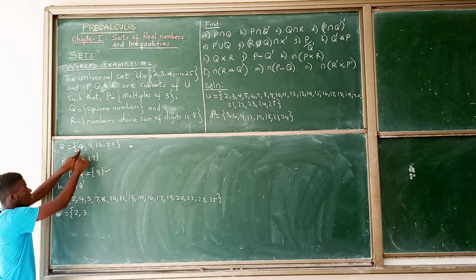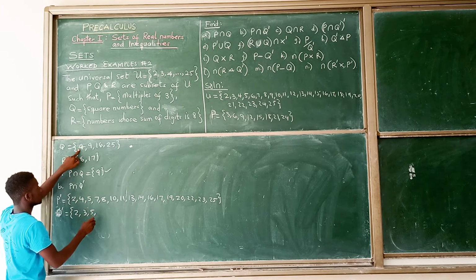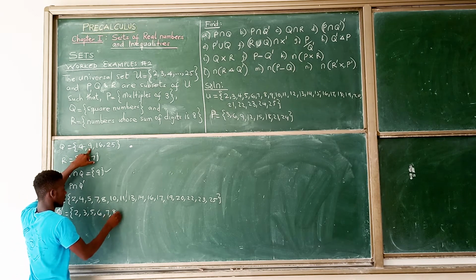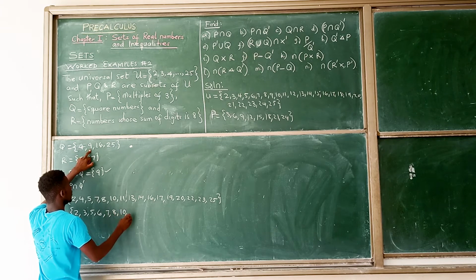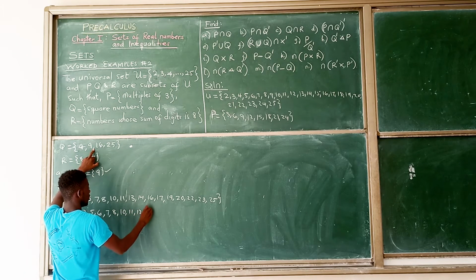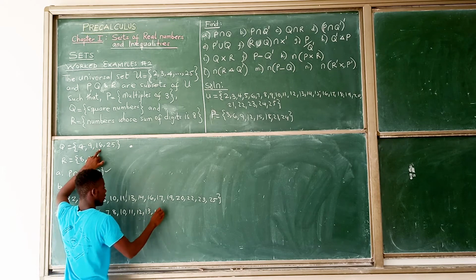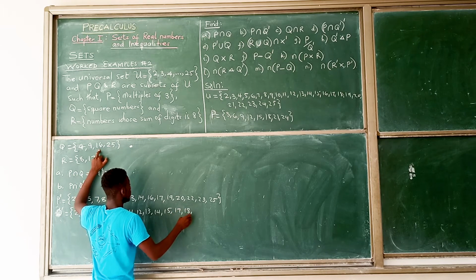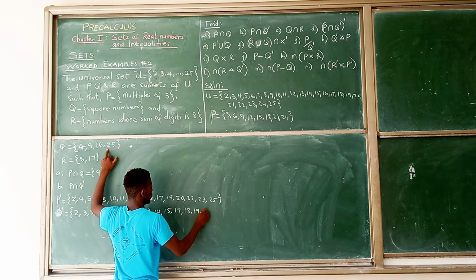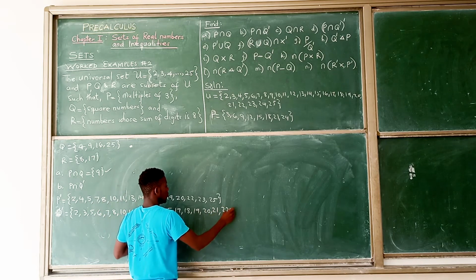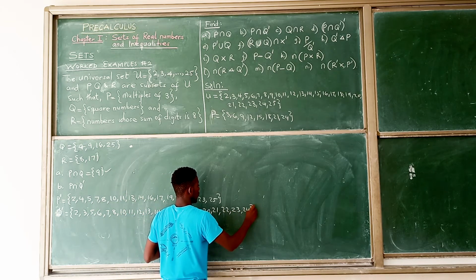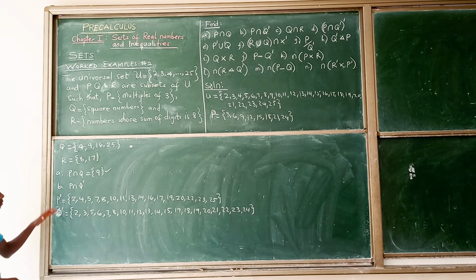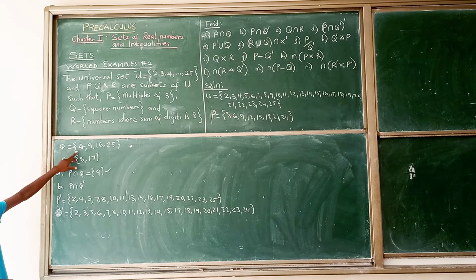We're not going to list 4 because 4 is in set Q. 5, 6, 7, 8, 9 is here, 10, 11, 12, 13, 14, 15, 16 is here, 17, 18, 19, 20, 21, 22, 23, and 24. So these are the elements of set Q complement. Elements that are found within the universal set and are not found within set Q.